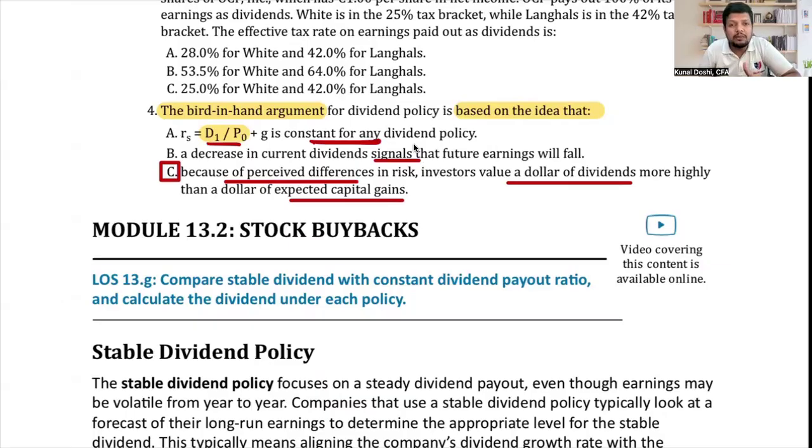I've got a question: if the company doesn't pay dividend, the shareholders only benefit from price appreciation, right? To answer your question, if they don't pay dividend, we are going to learn in this topic the other option, that is buyback or repurchase. So through that also shareholders might get benefit.